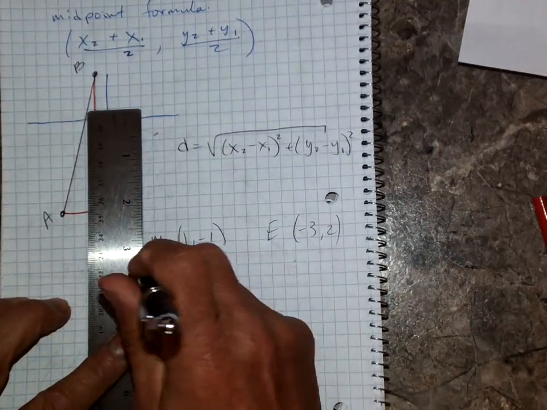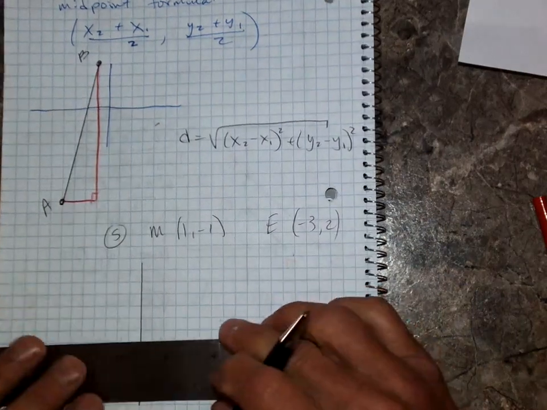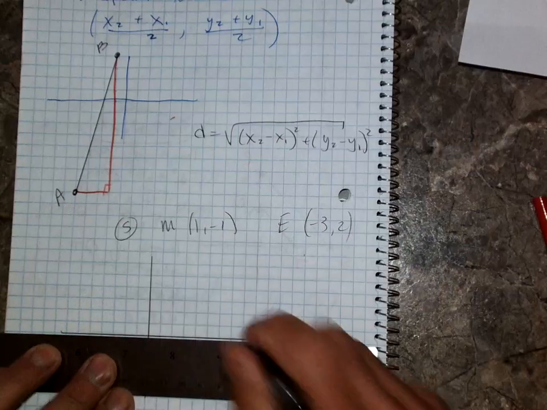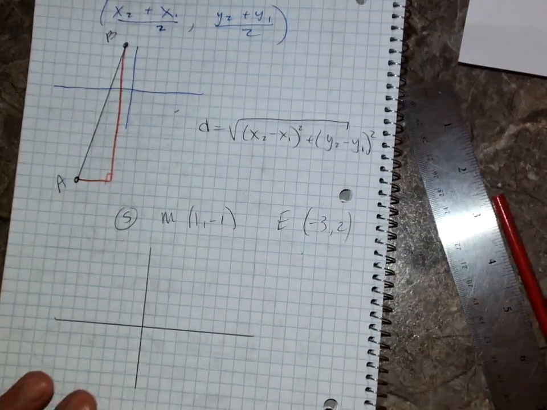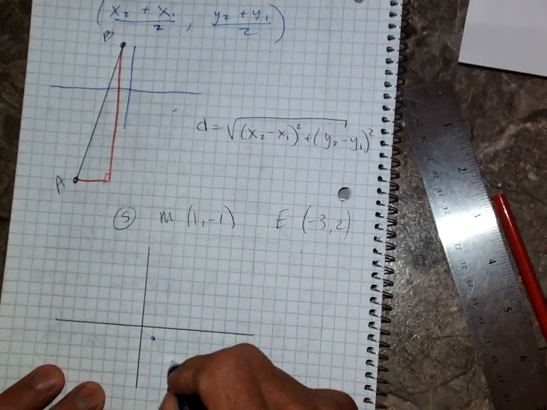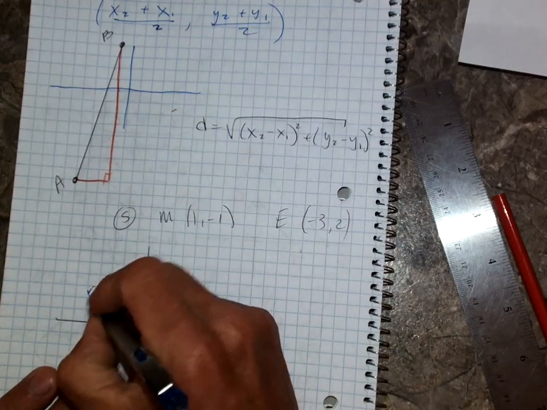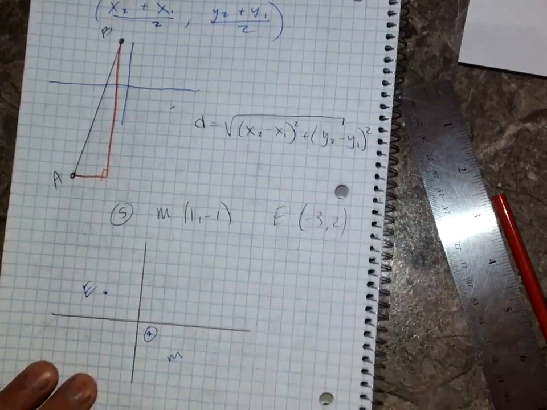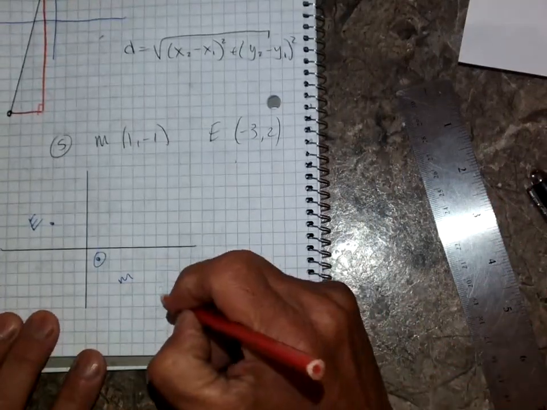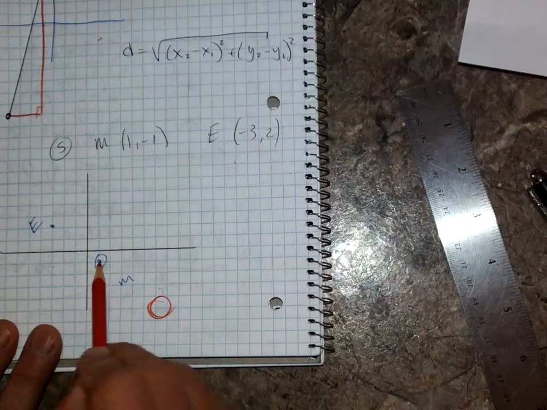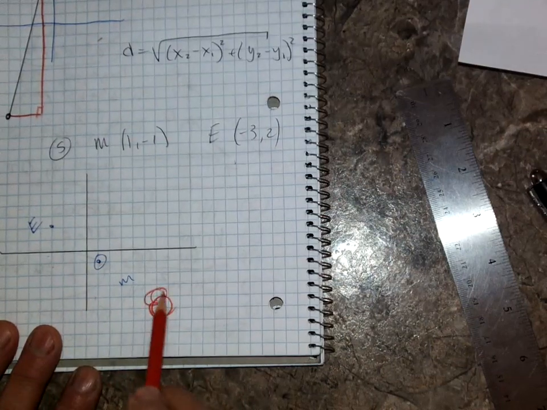It will work. I showed that in one of my videos. I prefer the algebra, but most kids are visual. So 1, -1, there's M, -3, 2, there's E. If that's the midpoint, the other point has to be around here somewhere, right? You can just count down 3 over 4, down 3 over 4, and you get right about there.